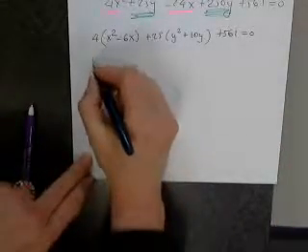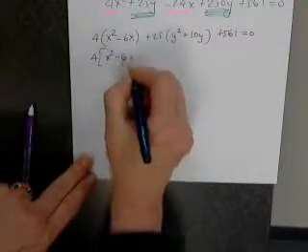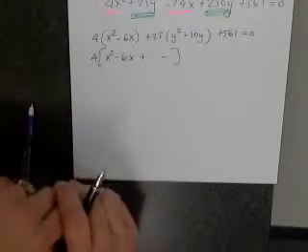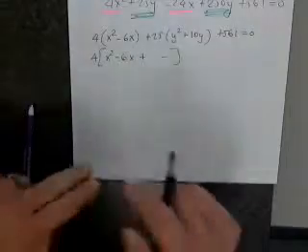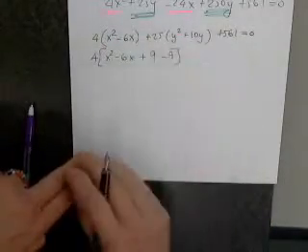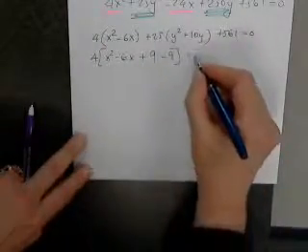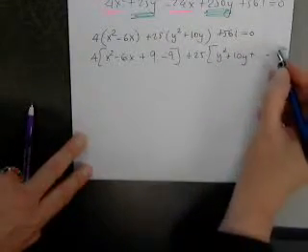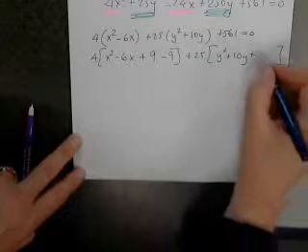So then 4, and then I have x squared minus 6x. I have to add something and subtract the same thing. What am I adding and what am I subtracting? 9. I'm adding 9 and subtracting 9. Then I have 25 times y squared plus 10y. I have to add and subtract 25, indeed.